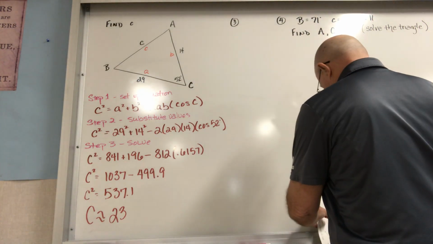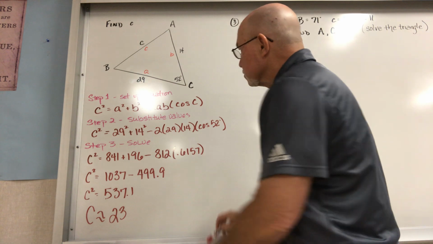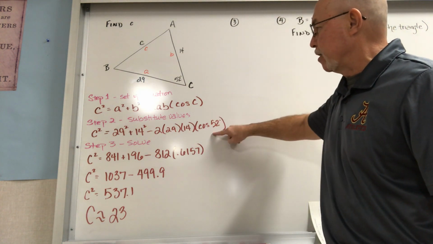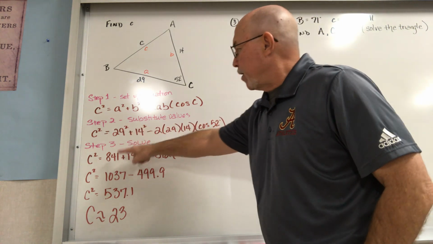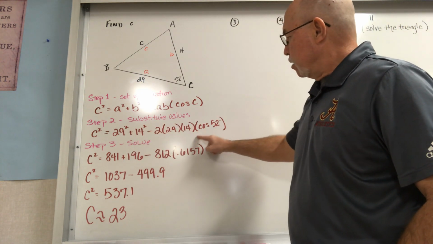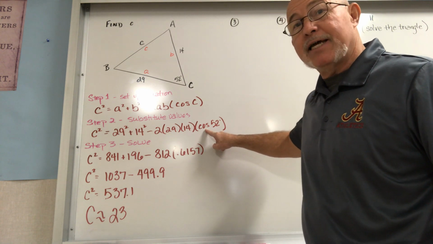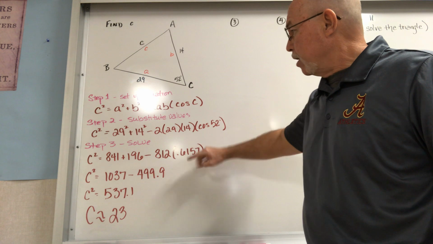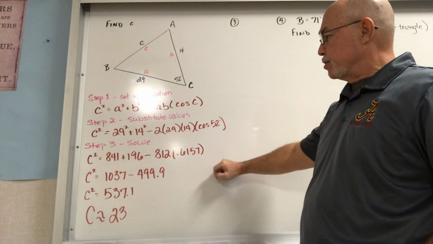Explanations. We substituted values from here to here. Squared, squared, multiplied, replaced. You can use calculator or chart here. Both are going to give you the same number. So now you've just got these numbers.